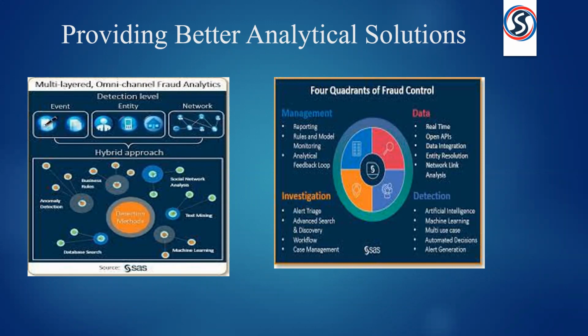So how is SAS giving the solution? SAS detection and investigation helps governments detect and prevent both opportunistic and professional fraud through improved data effectiveness and analytics. We can standardize, integrate, and authenticate the data and consolidate program integrity activities.